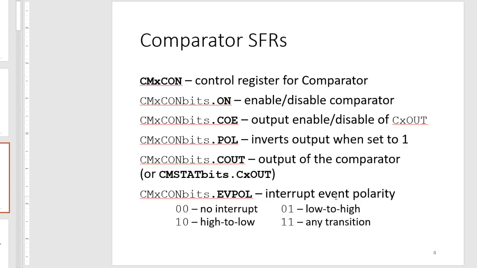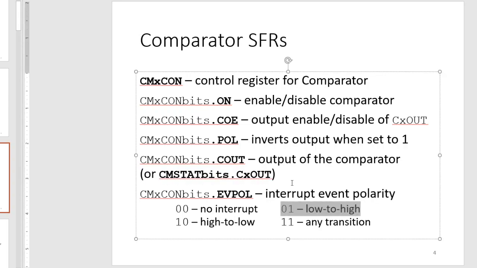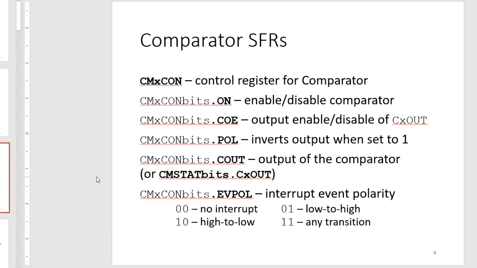If we set this as 0, 0, no interrupts will be generated by the comparator. If we set it to 0, 1, every low to high transition of the comparator will trigger an interrupt. If we set it at 1, 0, each high to low transition will generate an interrupt. And lastly, setting it as 1, 1 will make any transition in the comparator output generate an interrupt.